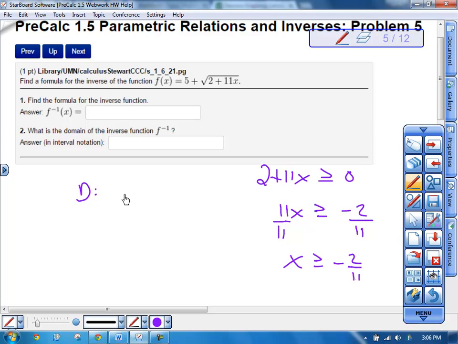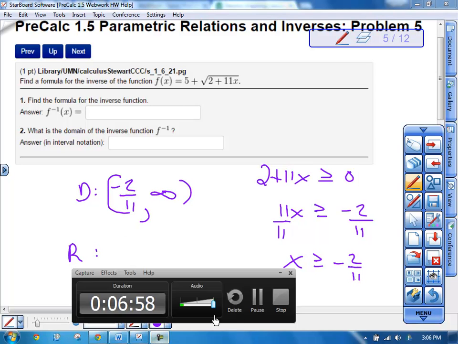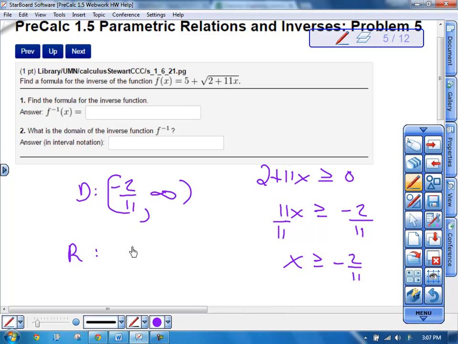That's the domain. I'm going to write that in interval notation as negative 2 over 11 bracket all the way up to positive infinity. Then the range would be 5 up to infinity. And you can have 5. How I know that is because the smallest this quantity can be right here is 0.